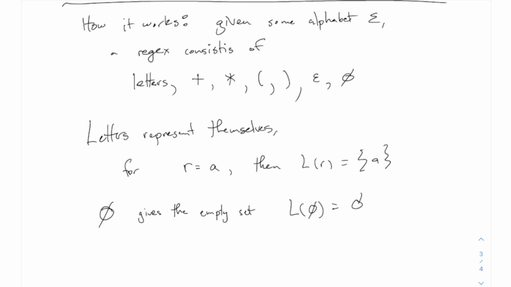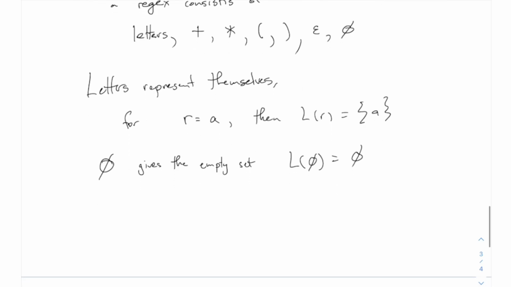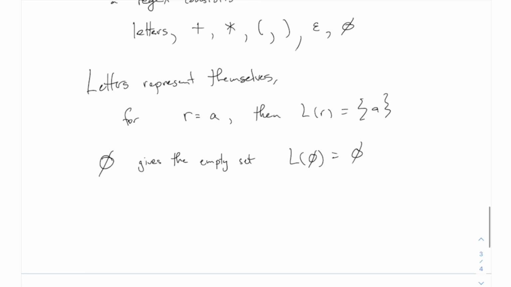It matches no strings. No strings are accepted, if you want to think of it that way. And the empty string matches the empty string. It also just represents itself. So if you ask what's the language of the empty string as a regular expression, it matches just the empty string and nothing else.